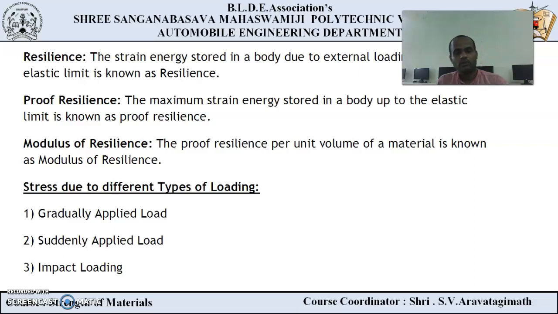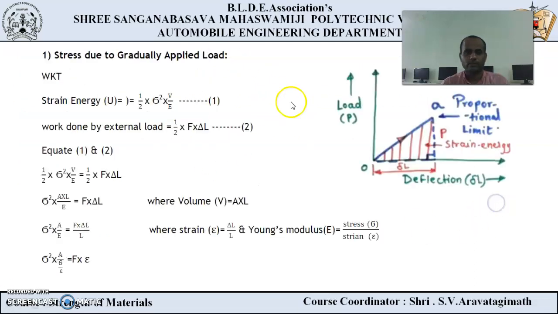And the modulus of resilience means the proof resilience per unit volume of material. Next, the stress due to different types of loading: derivation of stress due to gradually applied load, suddenly applied load, and the impact load.